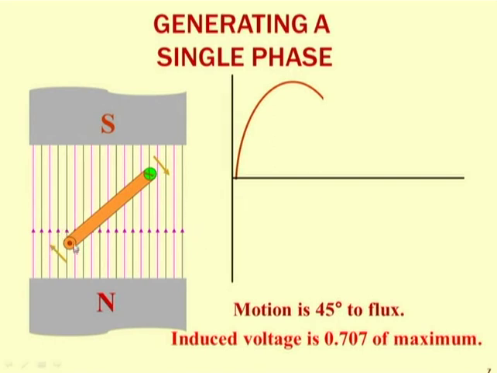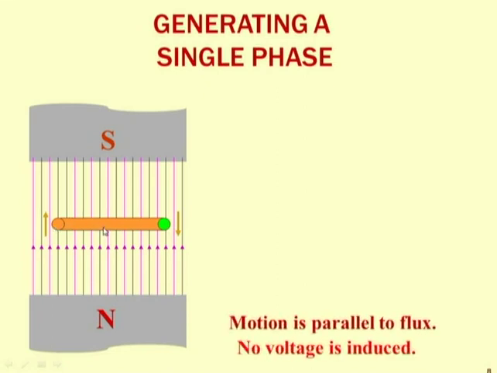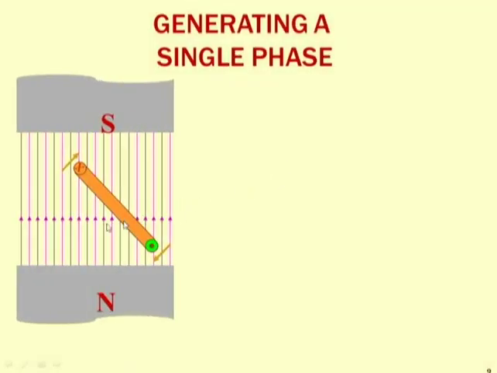Now here there is no flow of current, so there is no question of dot or cross. But for the next, what will be the position? So let us see. Now this end which was dot till this point will become cross.